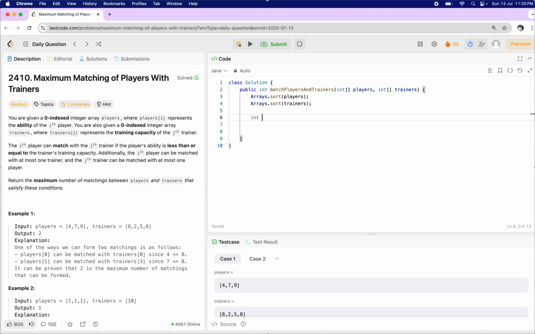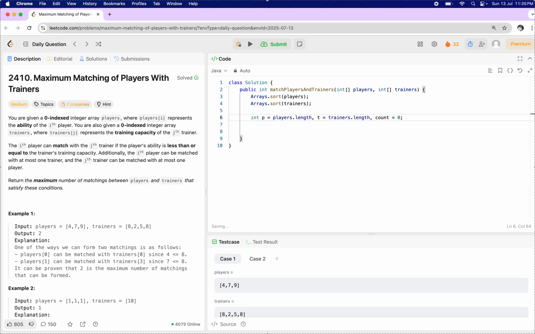Now what is the length of the players? Let's say P is players.length and T is trainers.length, and let's initialize the count of maximum players with 0.